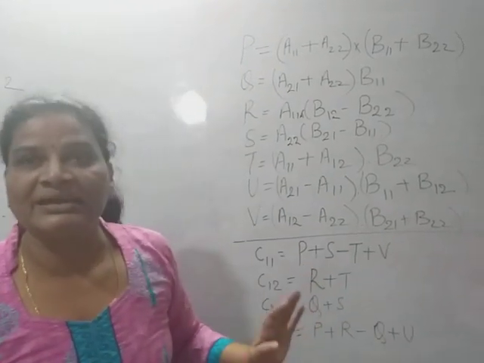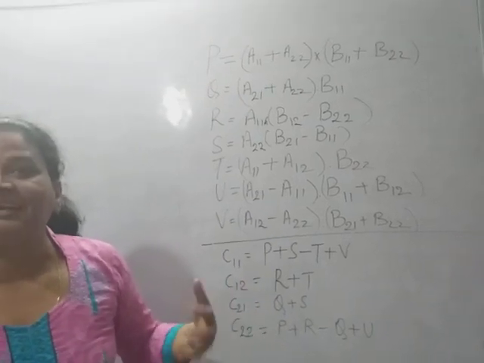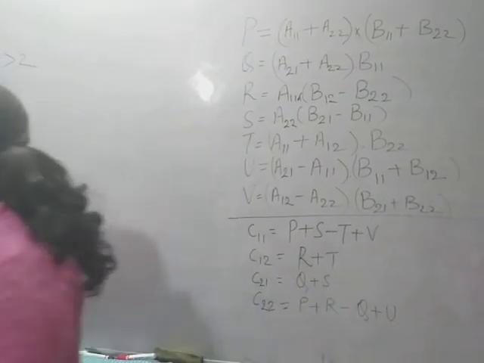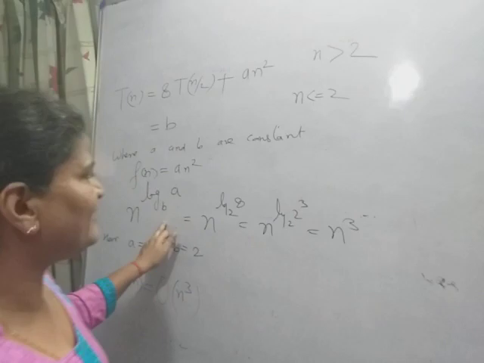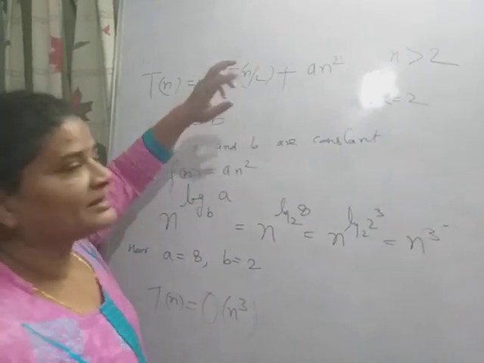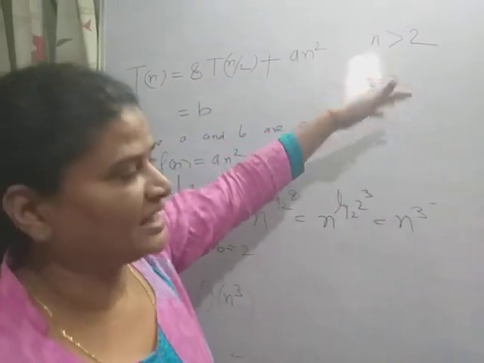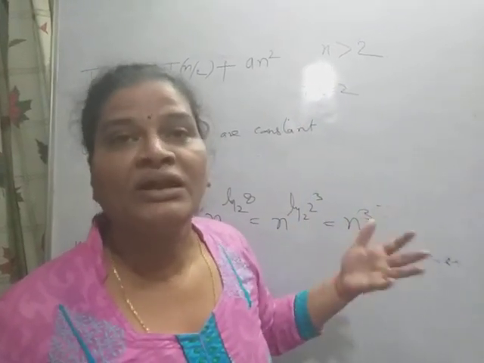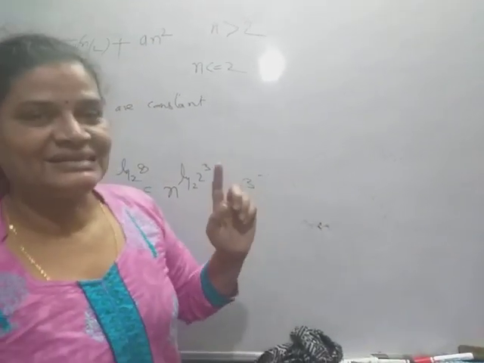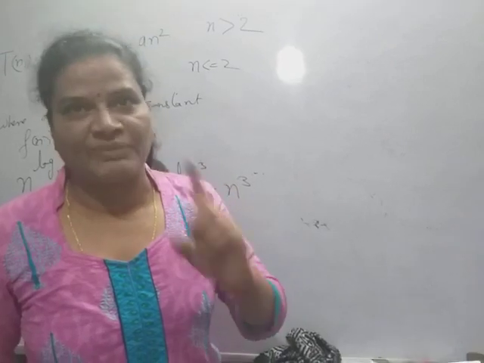So there are 7 multiplications and 18 additions and subtractions. Whereas in the simple divide and conquer approach, there are 8 multiplications and, as I have seen, 4 additions. So simply Strassen has reduced the multiplication by 1.